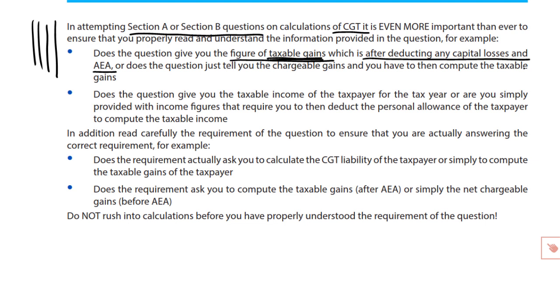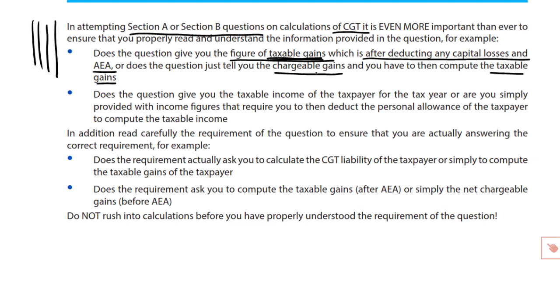Or, rather than giving you the figure of taxable gains, does it simply tell you the chargeable gains? Then you would have to compute the taxable gains there and possibly go on then to compute the CGT liability. Well, if they gave you the taxable gains, you would have to go on and compute the liability there.